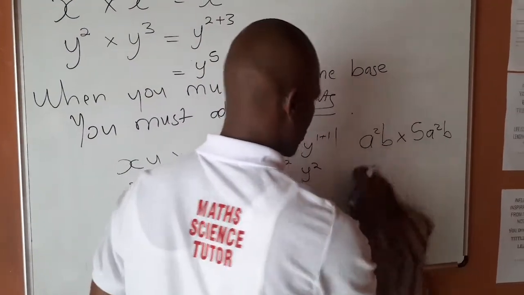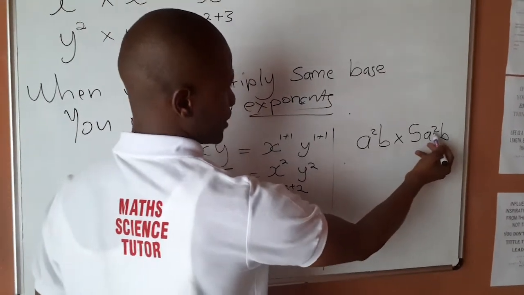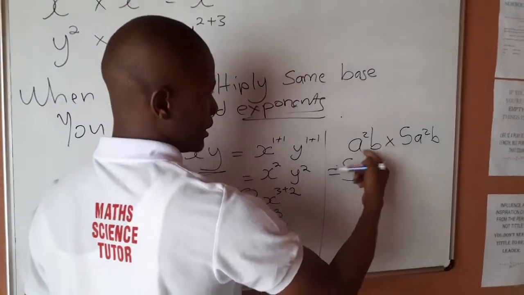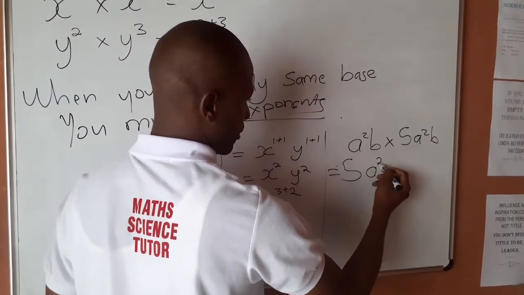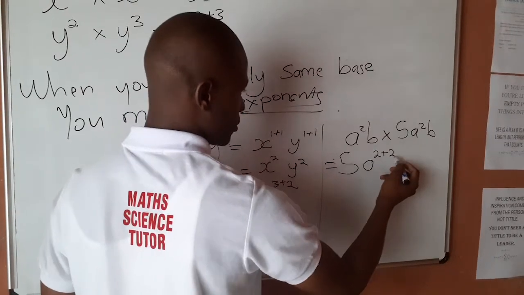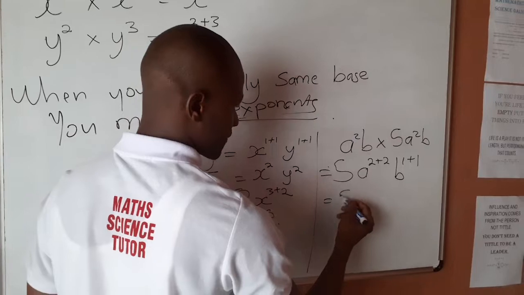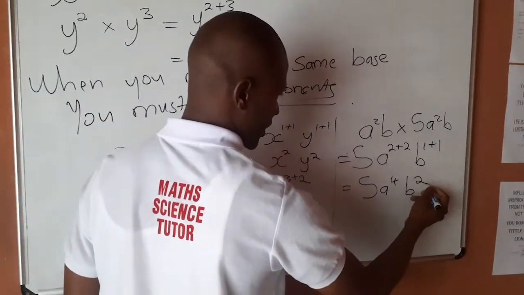When we multiply a squared b times 5a squared b, it's going to be 5 times 1 is 5. A squared times a squared is going to be a to the power 2 plus 2, b to the power 1 plus 1, which is the same as 5a to the power 4 b squared.